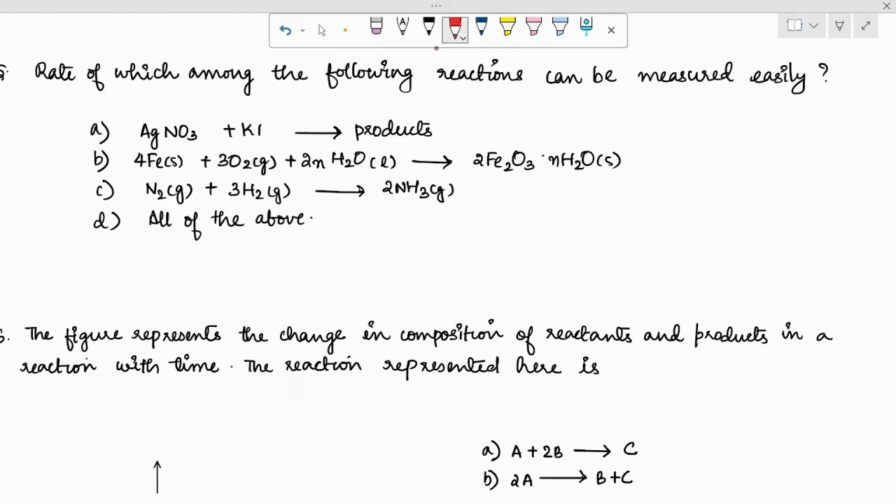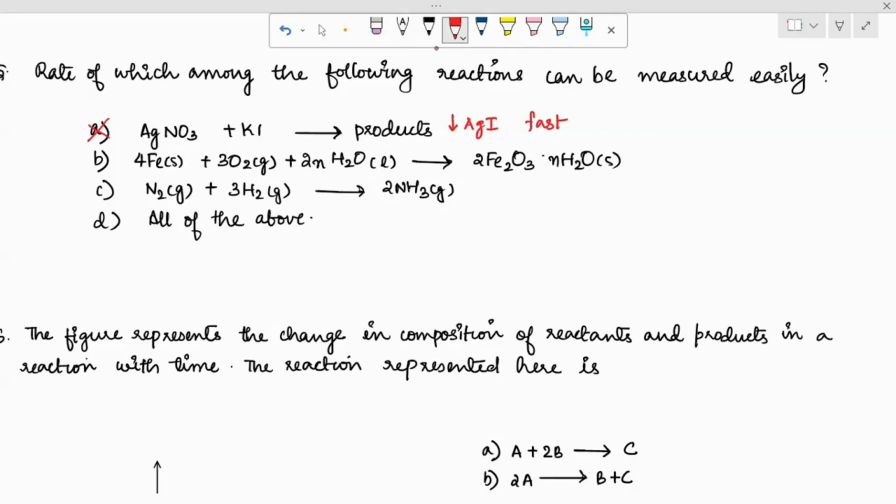AgNO3 plus KI immediately forms AgI as the precipitate. This type of reaction is called a precipitation reaction, which is very quick. Whatever principles that we are learning under chemical kinetics cannot be used for reactions that are quick. It cannot be used for option A.